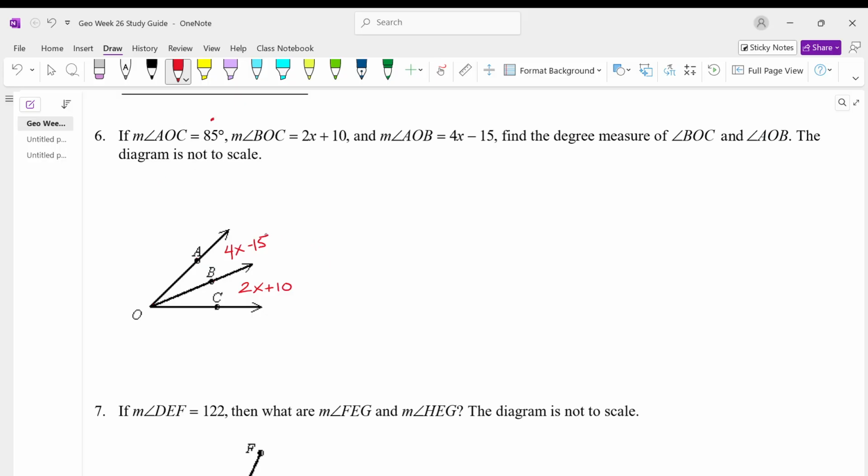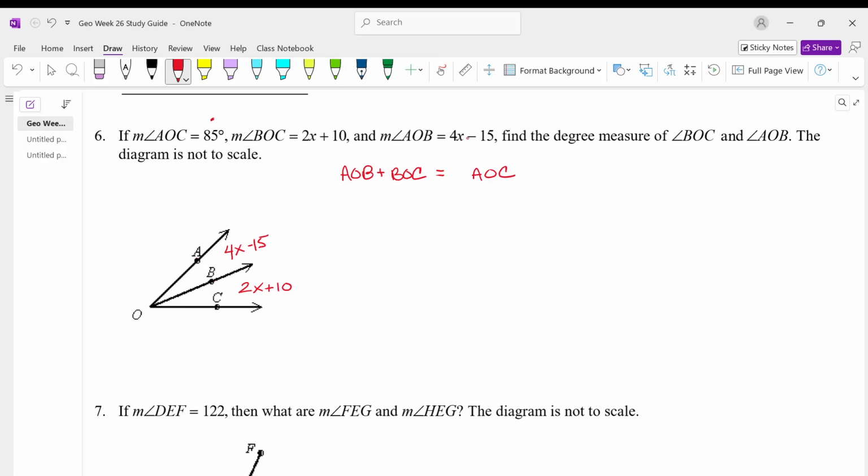All right, so if these two smaller angles added together form the big angle, we can say that AOB plus BOC is equal to AOC. And then we substitute.